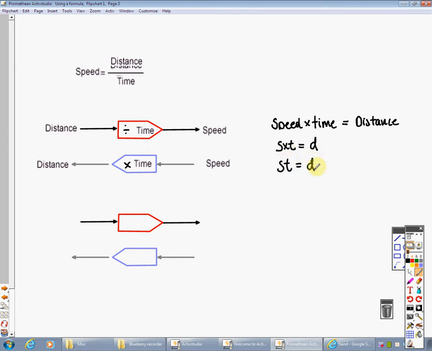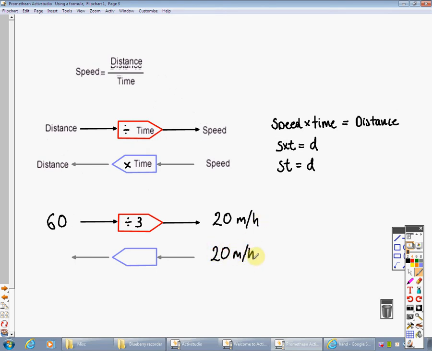And we can use an example to show that. For example, 60 miles in 3 hours, so we would divide by 3, equals 20 miles per hour.